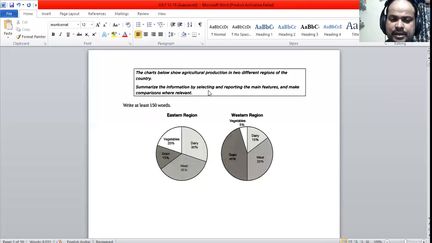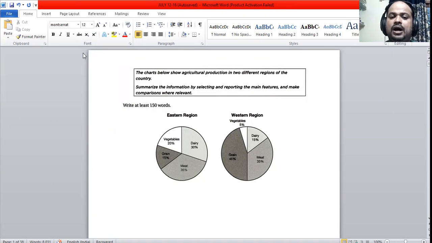Hi everyone. Today we are going to see pie charts. In this particular pie chart, we are going to see the agricultural production in two different regions of the country.